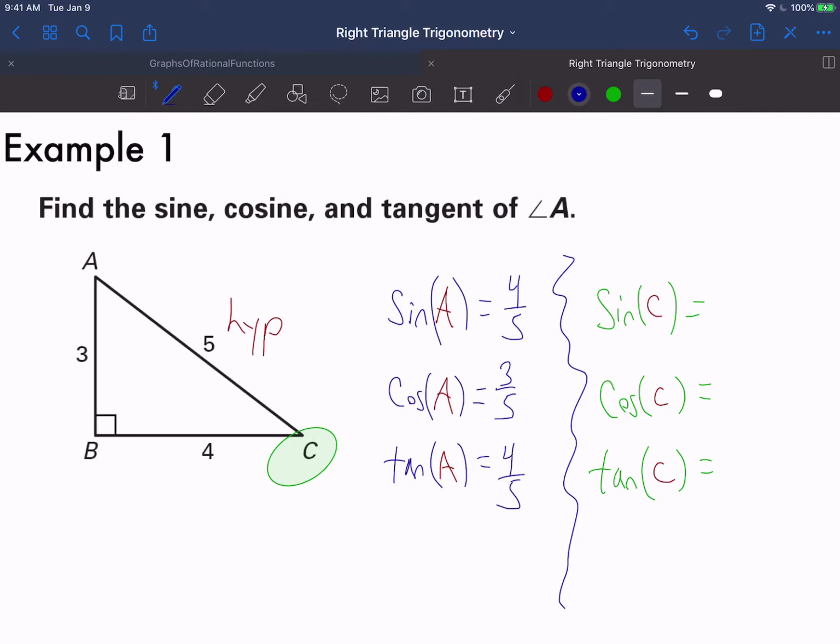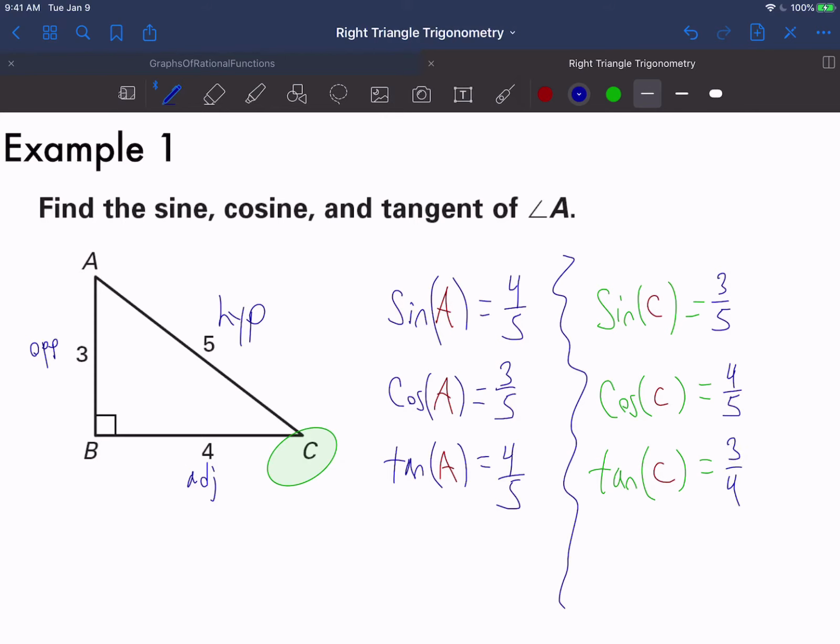All right, welcome back. So relative to C, this is now the opposite. This is now the adjacent. And this is, of course, going to stay our hypotenuse, but it's fun to color it all in blue. So the sine of C is going to equal opposite over hypotenuse, 3/5, cosine of C, adjacent over hypotenuse, and then tangent of C is just going to be opposite over adjacent.